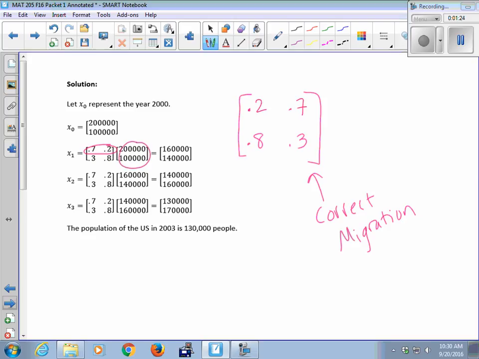No? Still wrong? No, you don't have to, because now you'd be taking 20% of 200,000 and 70% of 100,000, which I believe is correct.